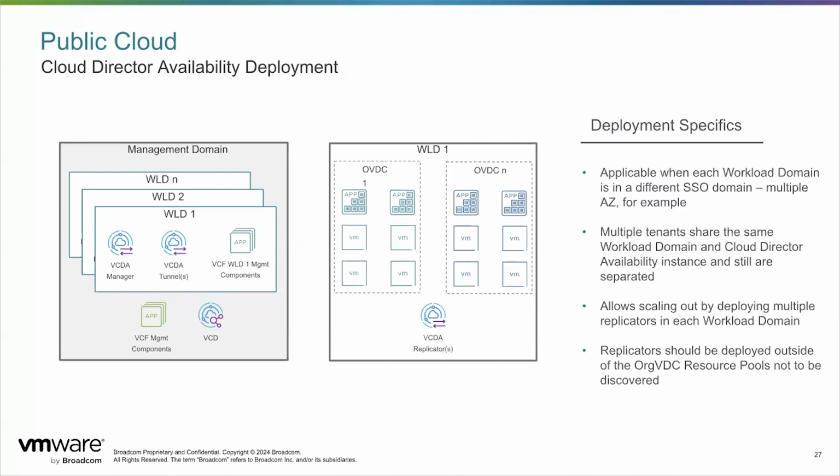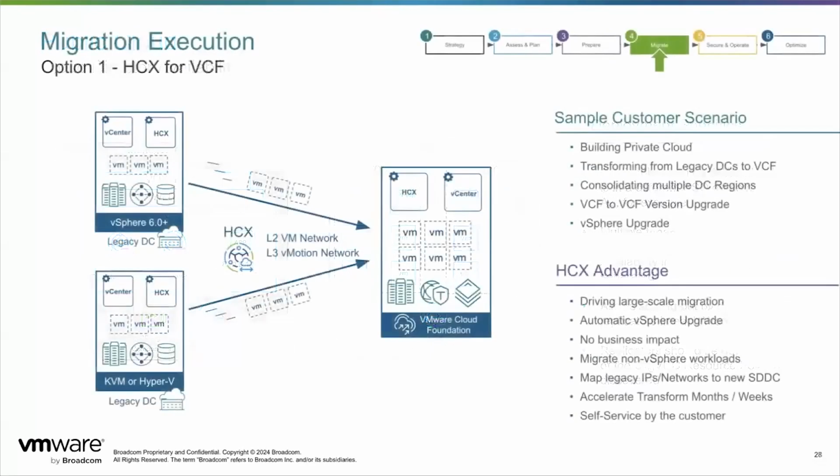Regarding the rest of the Cloud Director availability appliances, again, same thing as the hosted private, as the managed private cloud. Depending on the deployment, they can be in the workload domain or in the management domain under the respective workload domain.